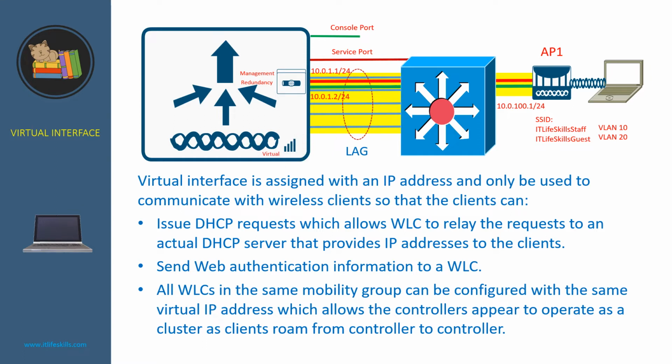The virtual interface is assigned an IP address and is only used to communicate with wireless clients so that the clients can issue DHCP requests, which allows the wireless LAN controller to relay the request to an actual DHCP server that provides IP addresses to the clients.